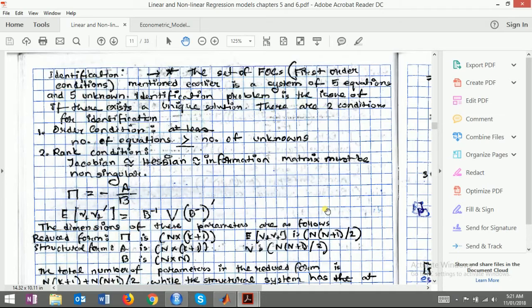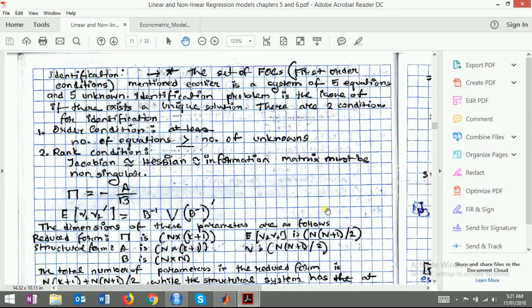Well, so the total number is estimated by taking the size of phi or A, and adding this to the dimension of the variance covariance matrix, n into n plus 1 by 2.